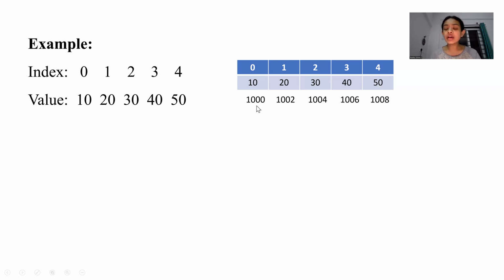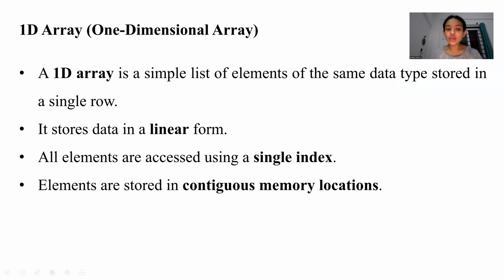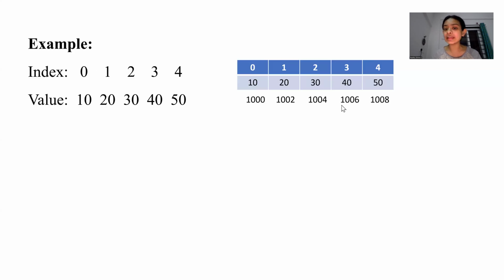In the previous slide, if you can see, the elements are stored in contiguous memory location, continuous memory location. The ending line that I have mentioned here is the memory location. Let's say this is an integer. An integer is going to store 2 bytes. It starts with 1000.